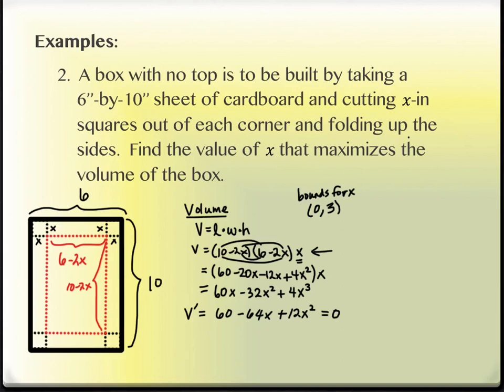They're all divisible by 4, and at least, even if I have to go working with quadratic formula, I want to work with smaller numbers if I can. So it's going to be useful to us to go ahead and divide by 4. So we're going to divide, it's really both sides by 4, but dividing 0 by 4 is super unexciting. So I have 15 minus 16x plus 3x squared equals 0.